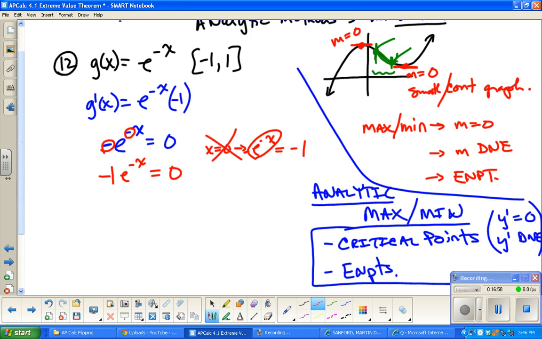Now, you may or may not recall that when you have exponential decay, I'm going to do a couple little graphs here. If I had just e to the x, that's like 2.718 to the x, it would look like this. The negative x in that exponent actually makes it go this way.